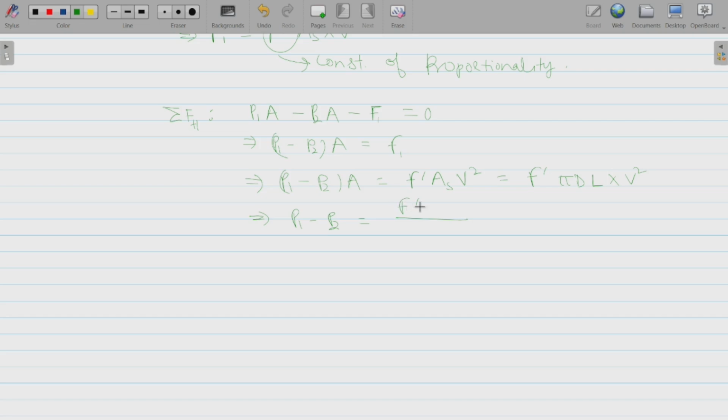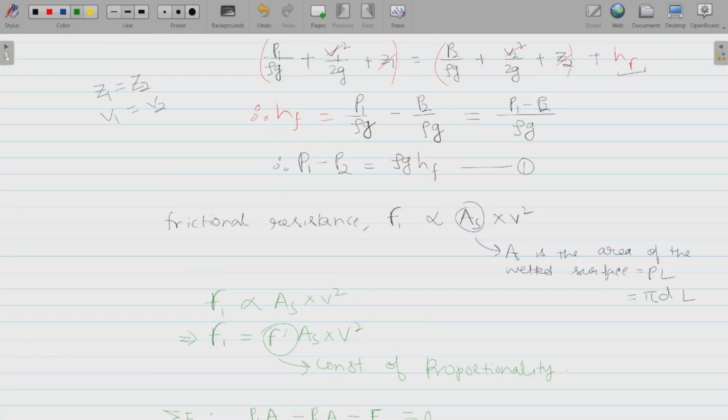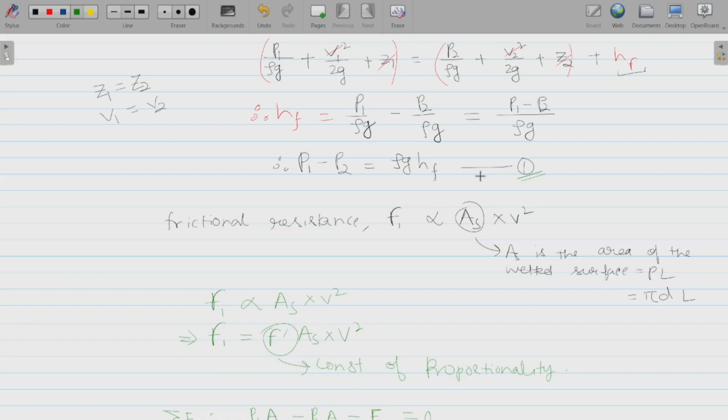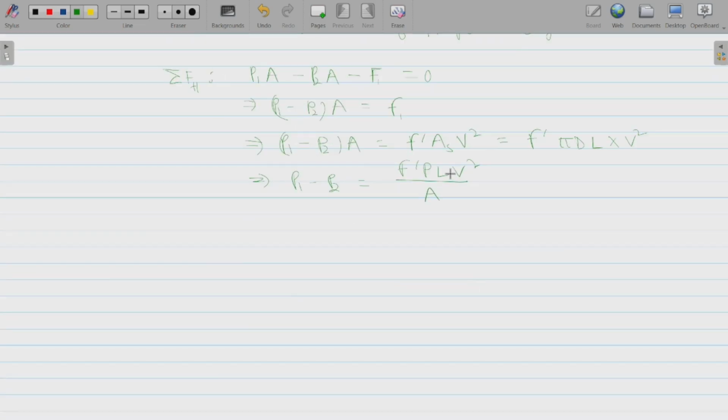Pi d is the perimeter, so I am writing P L V square, and this A comes here. So you can see that I have got the value of P1 minus P2, and previously I also got P1 minus P2 in equation number 1 by using Bernoulli's equation. So I can definitely use this value there, right? This is rho g HF, and I can use it here.